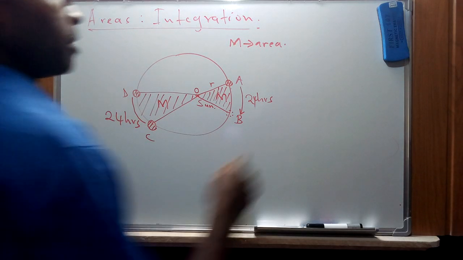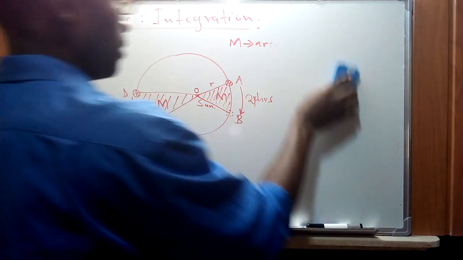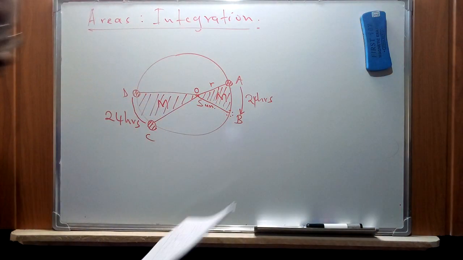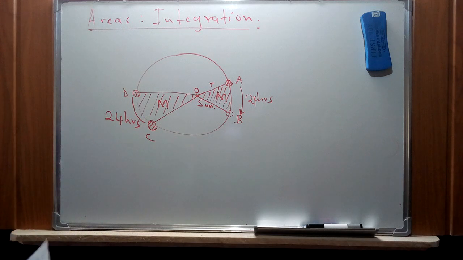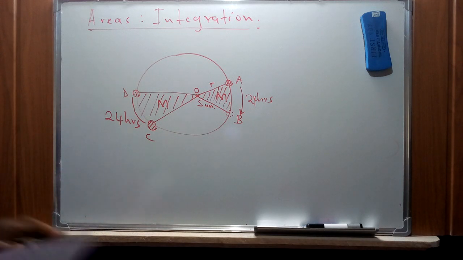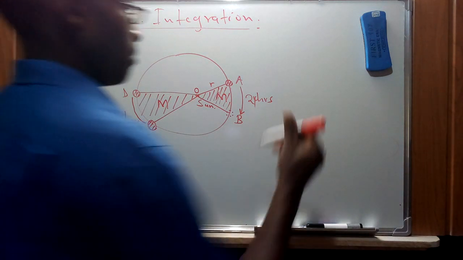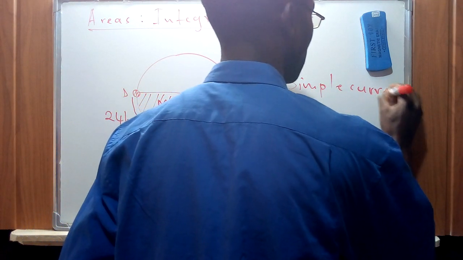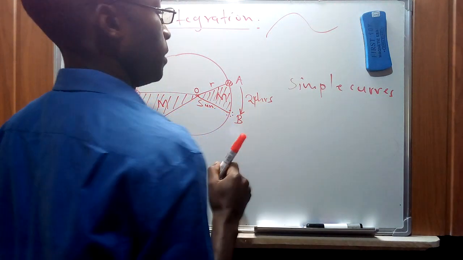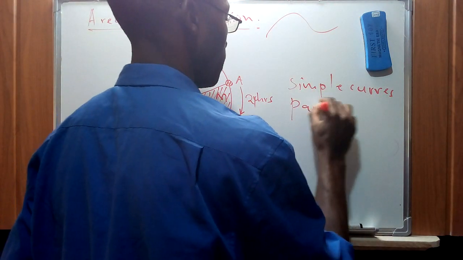So Johannes Kepler's argument, together with other concepts that have been employed in trying to find areas of some figures, of course we have talked about regular figures, like simple curves and parabolas.